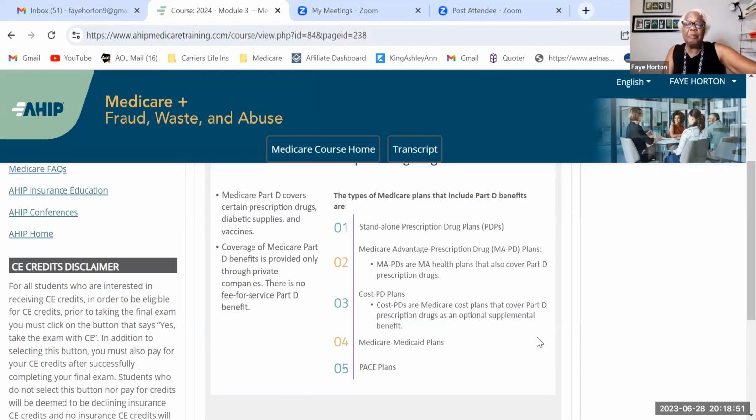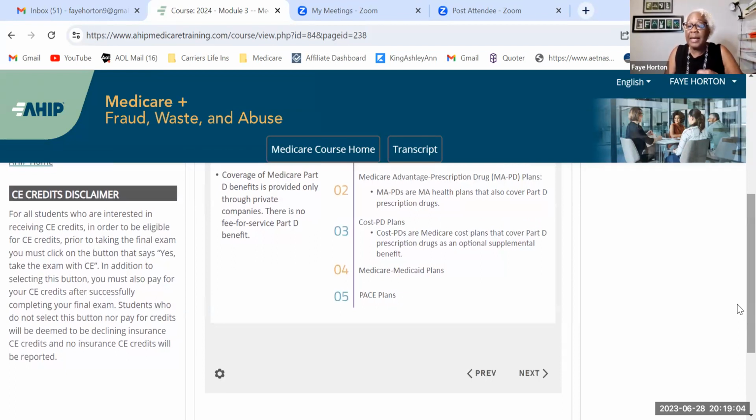Cost plans are Medicare cost plans that cover Part D prescriptions as an optional supplemental benefit. Medicare-Medicaid plans, the dual plans, will always have a prescription drug piece included in those plans, and the prescription drug is always included in the PACE plans.